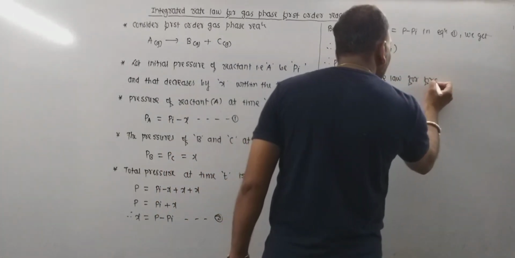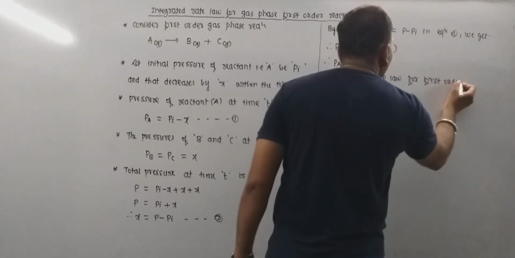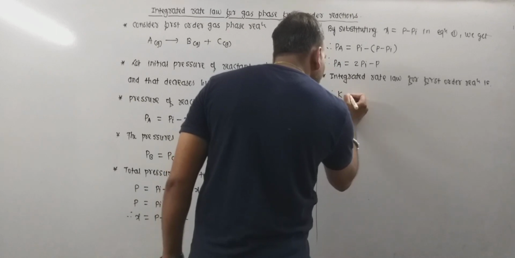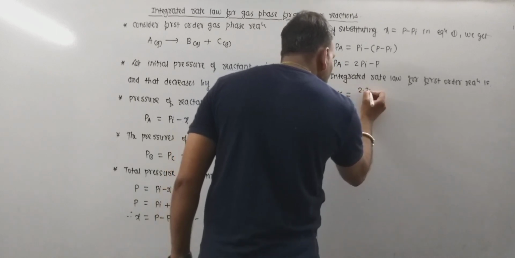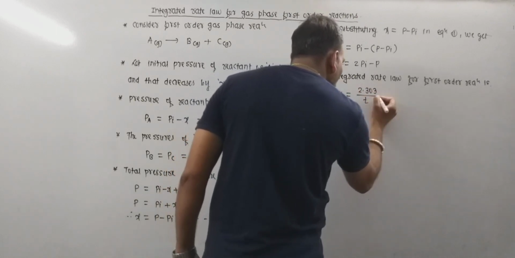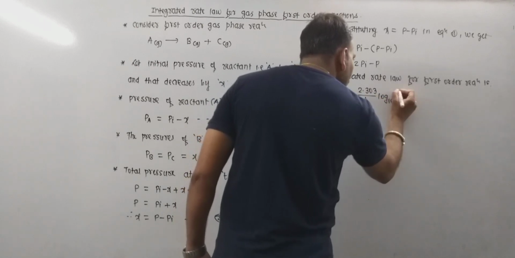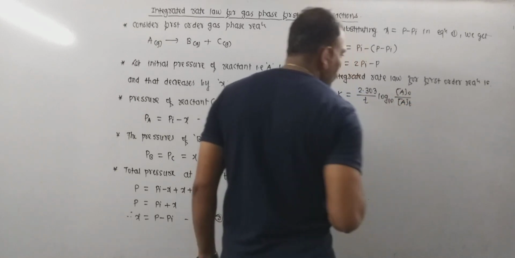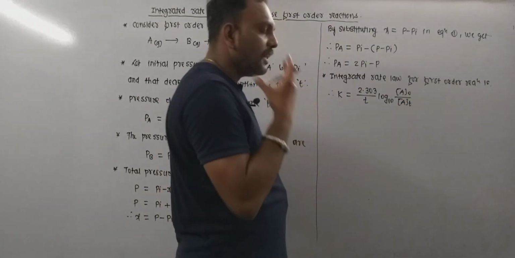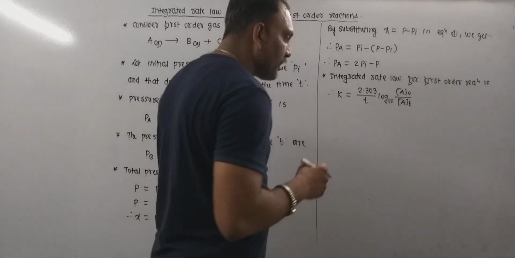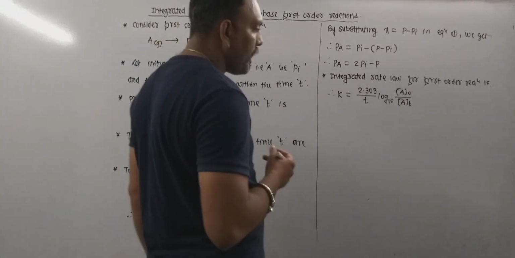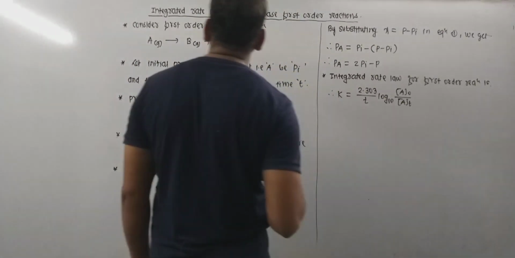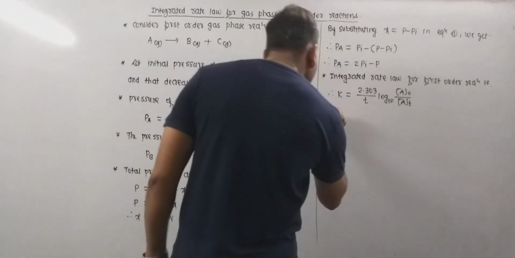K is equal to 2.303 upon T log base 10 concentration of A naught upon concentration of A at T. Normally we use this integrated rate equation. Now concentrations are expressed in terms of pressure right here. Why? Because we are dealing with a first order gas phase reaction.